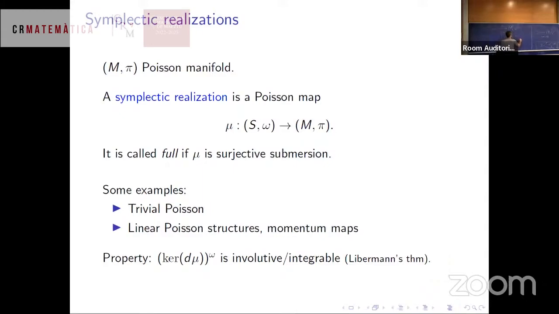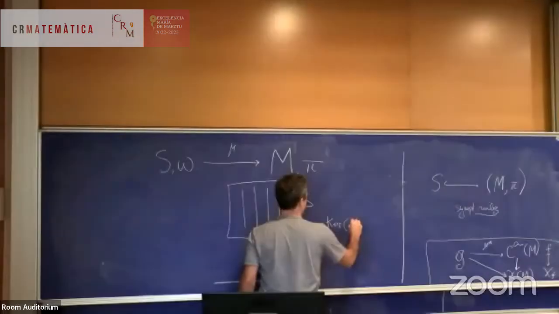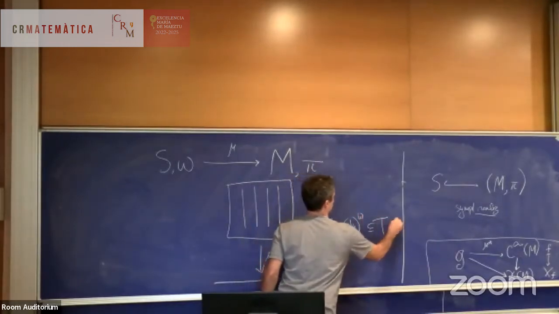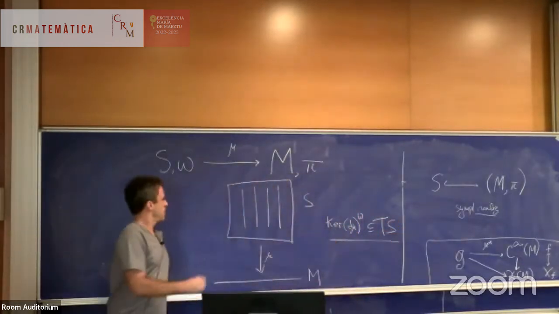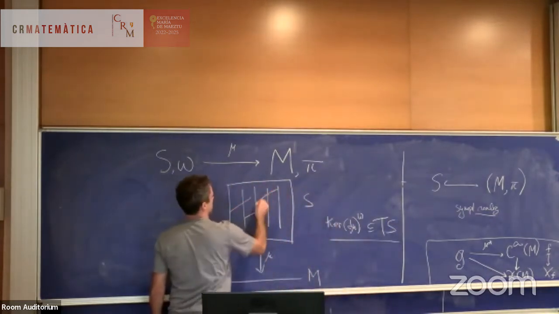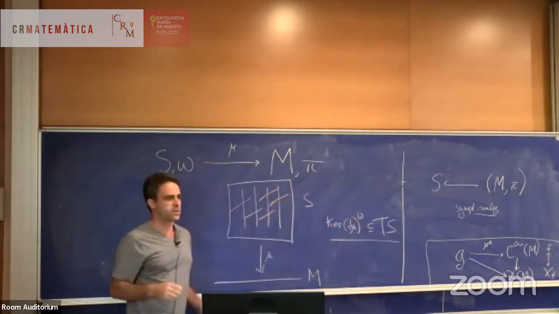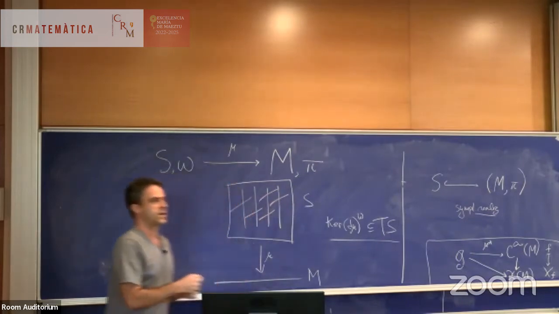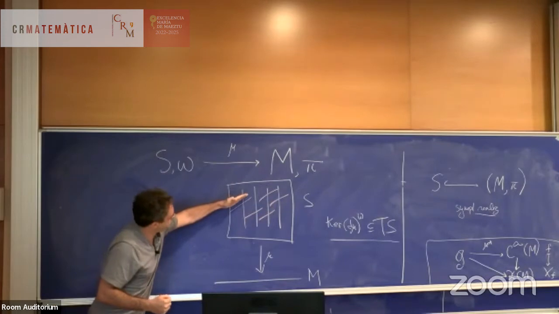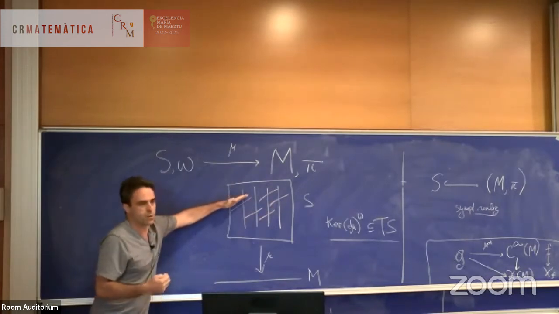If you look at the symplectic orthogonal complement to the fibers, let's write them here, and not necessarily a complement, but I'll just write them like this. Then it turns out that this distribution is constant rank and involutive.